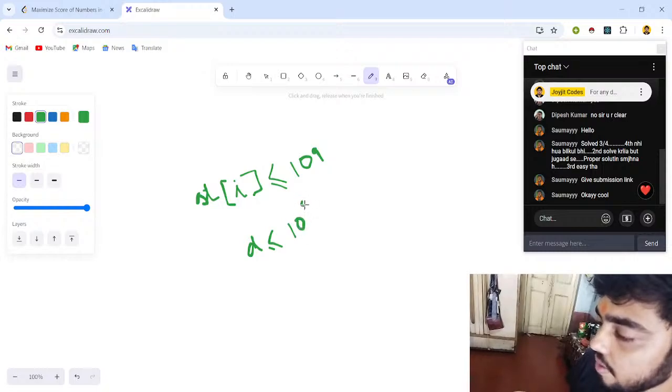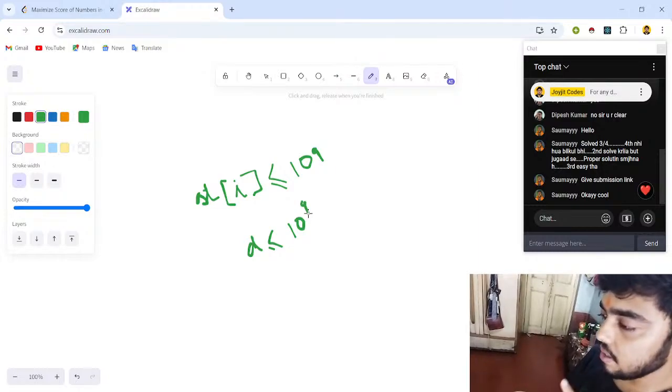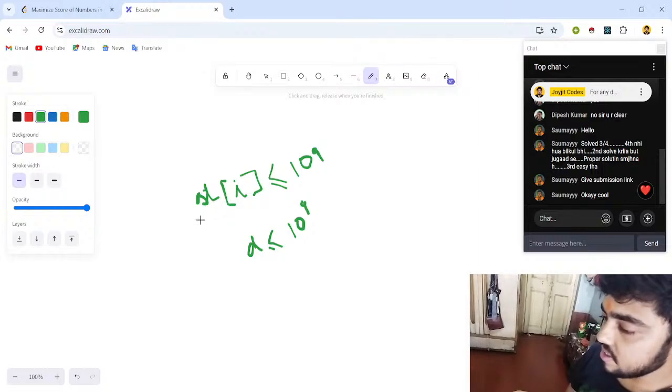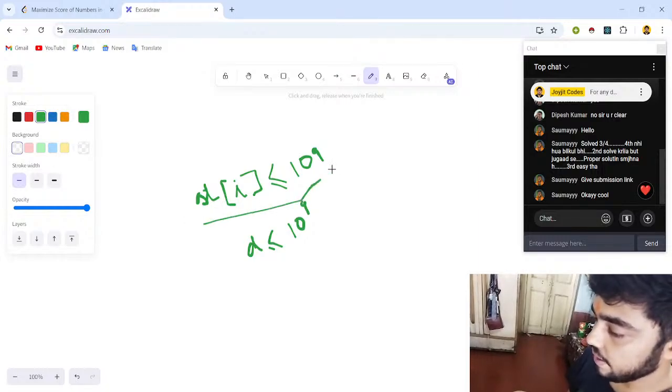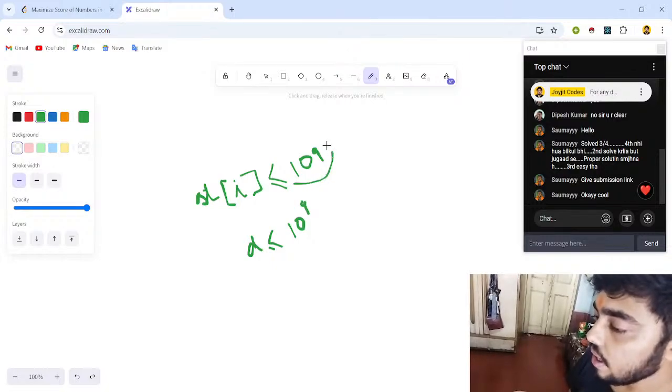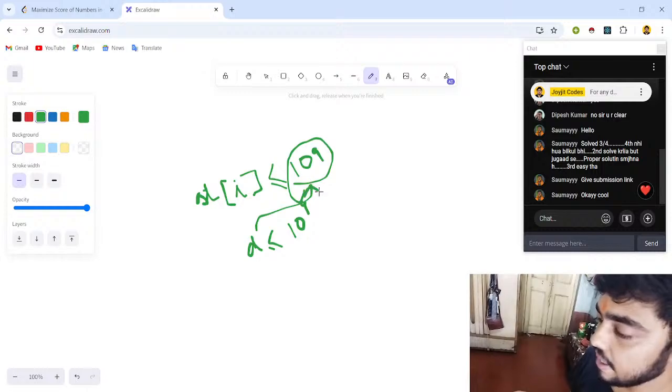Now, if both of them are 10 to the power 9, the maximum possible value of the last element after sorting is 10 to the power 9, right? And it may happen that you have to add d to it, because that is the maximum range.